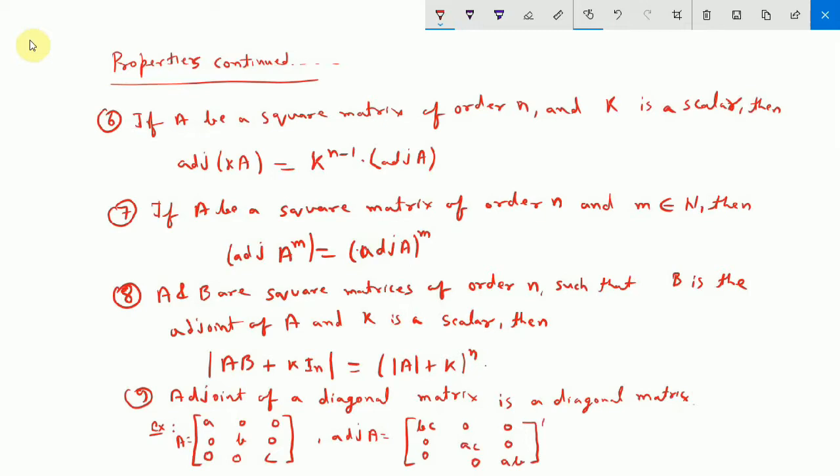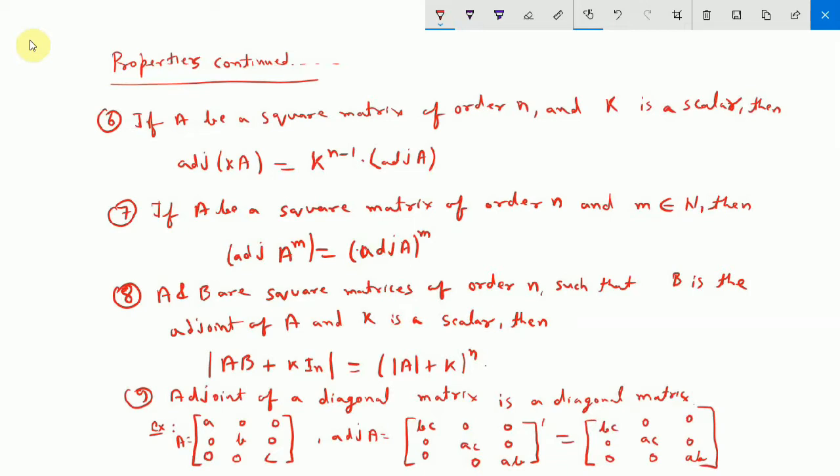Okay, friends. When we take the transpose of this, it will be the same: BC 0 0, then second row 0 AC 0, and 0 0 AB. Okay, friends. So the adjoint of a diagonal matrix will be a diagonal matrix.